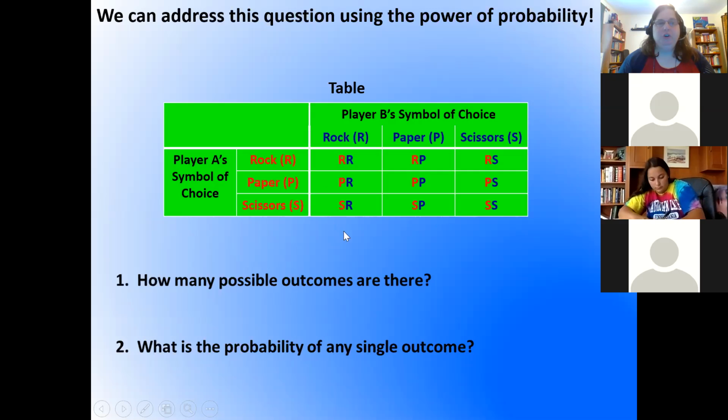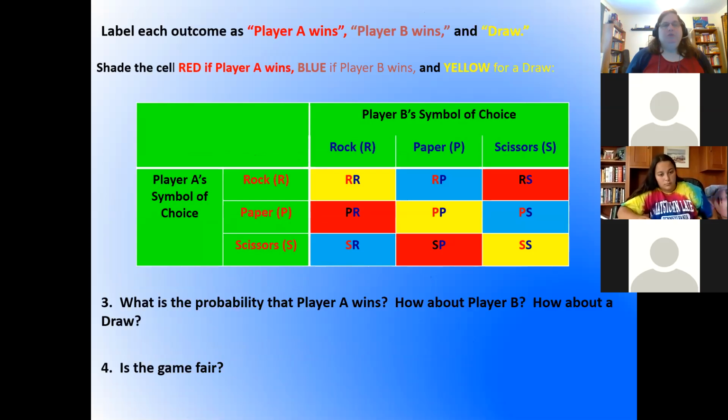So what's the probability of any single outcome? Any one outcome would be 1 over 9, which if you did that division is 0.1111 repeating. Again, this is all from lecture 2, so I'm not going to belabor it too much.